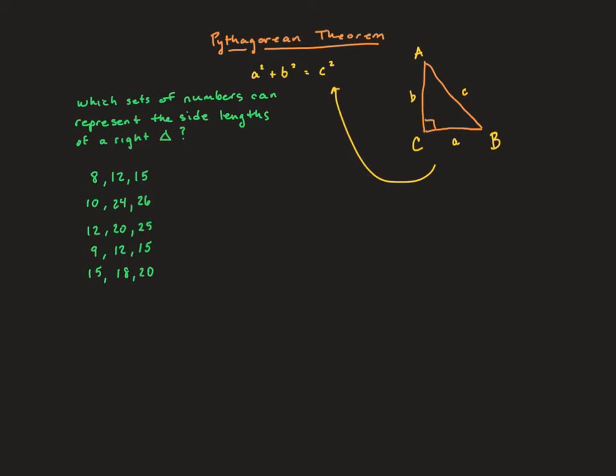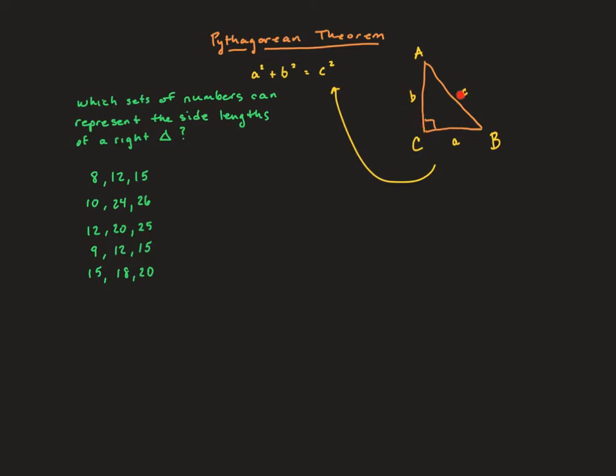Now, it also talked about the converse. If a squared plus b squared equals c squared, one side squared plus the other side squared equals the hypotenuse squared.